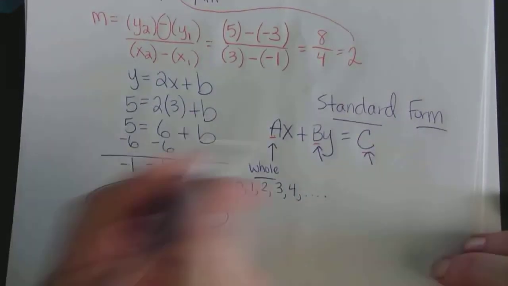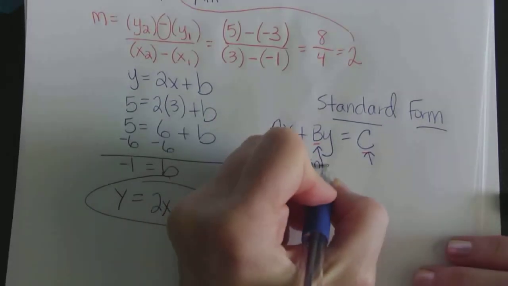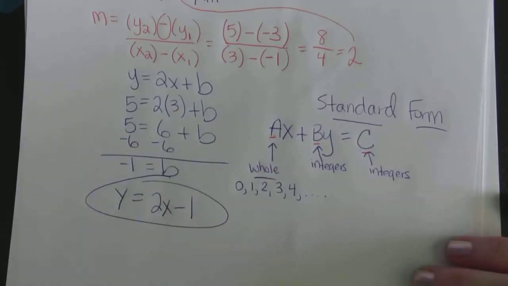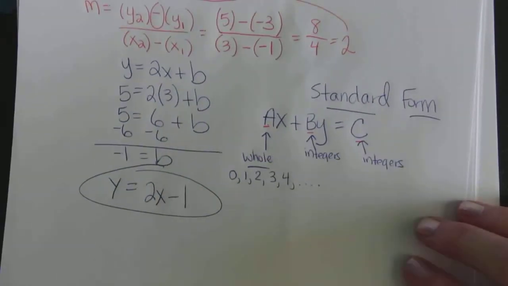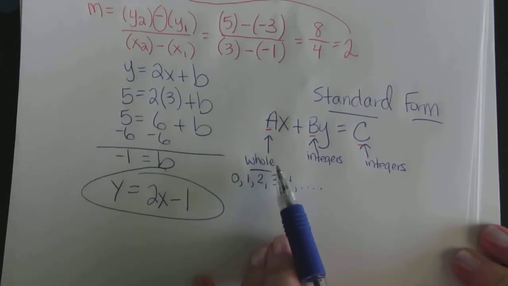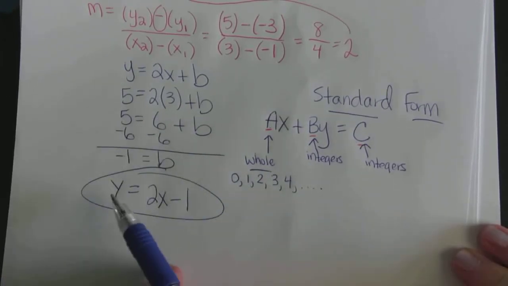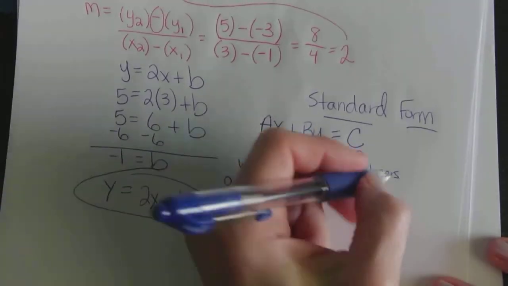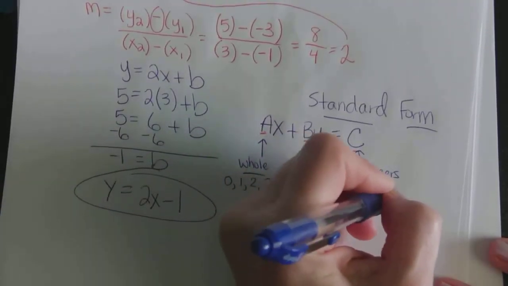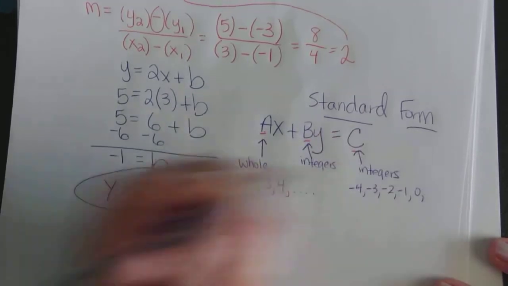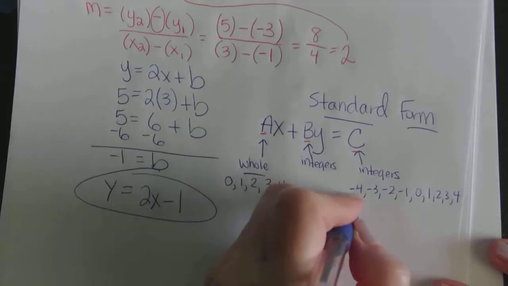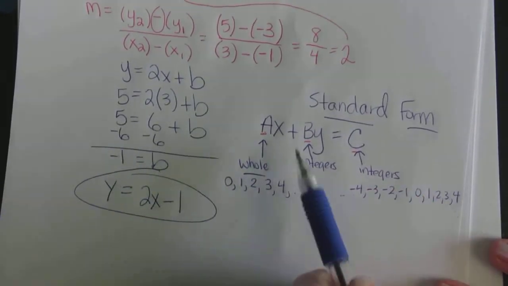Now the b and the c are going to be integers. Well, what are integers? To remind you, integers are sort of like whole numbers, except we include their opposites. So your integers would be like negative 4, negative 3, negative 2, negative 1, 0, 1, 2, 3, 4, etc., and you could keep going.